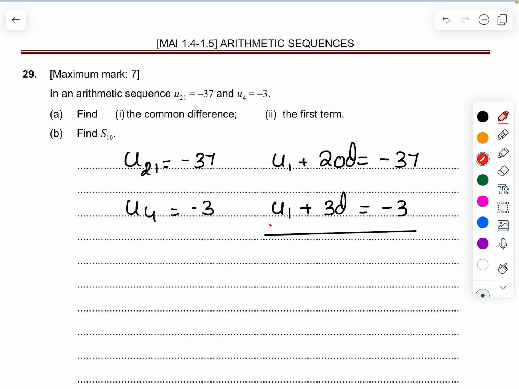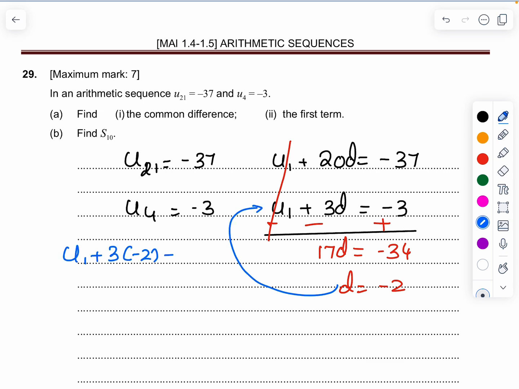Then subtract, plus becomes minus, minus becomes plus. 17d equals negative 34, d equals negative 2. Plug d equals negative 2 into the first or second equation. u1 minus 6 equals negative 3. u1 equals 3.